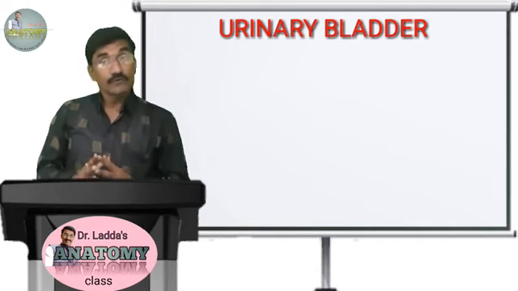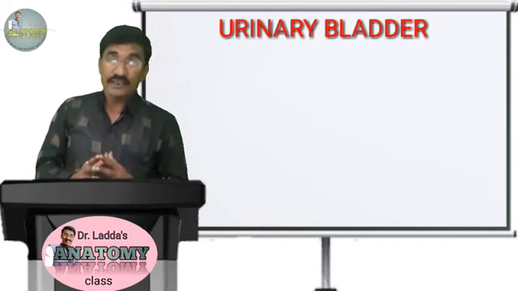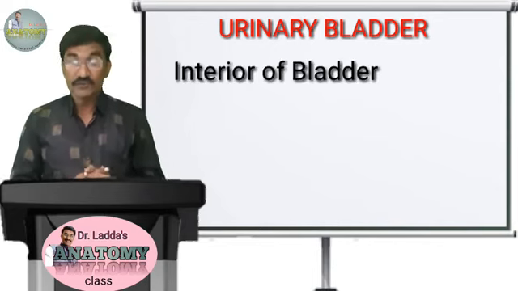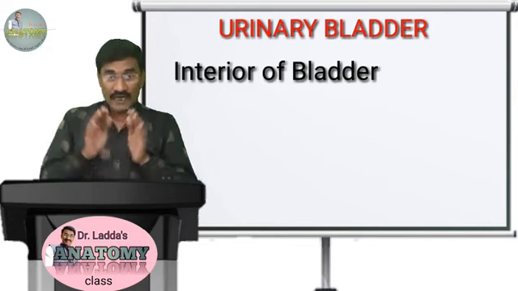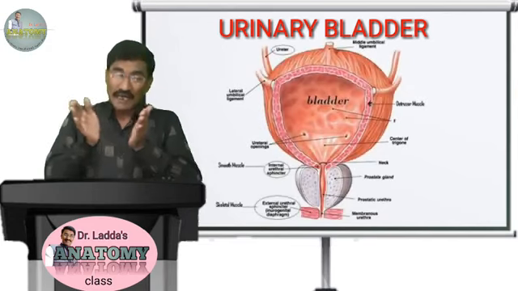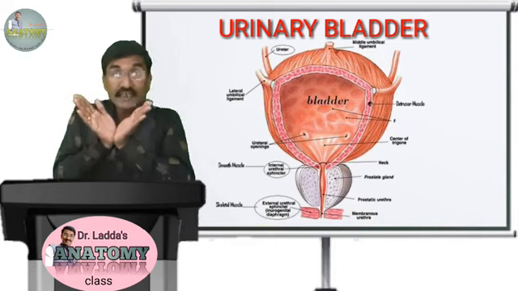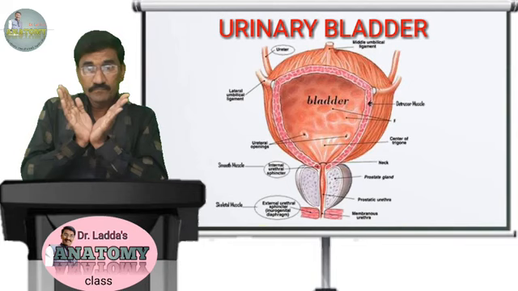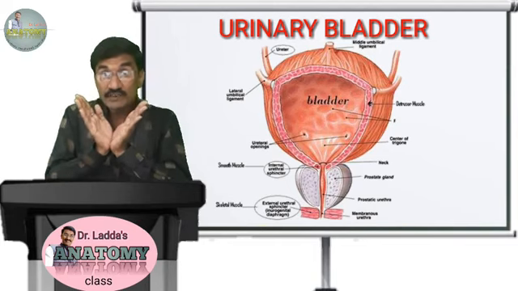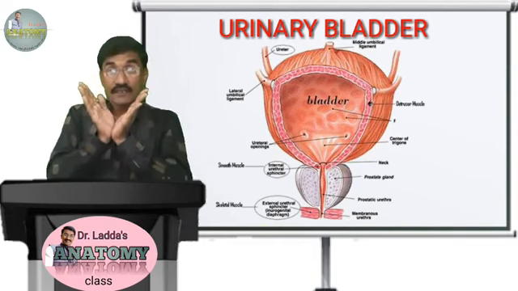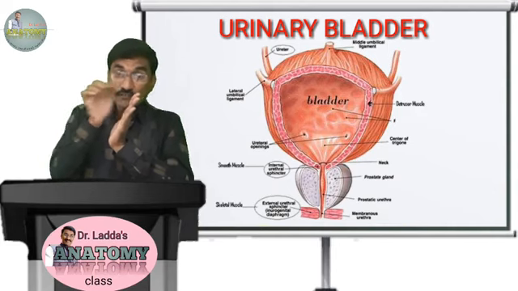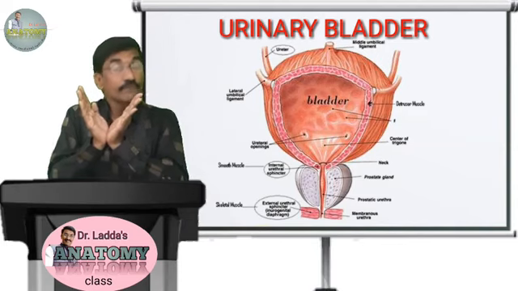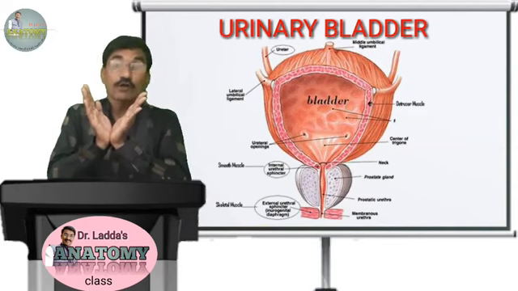Now your next heading is interior of bladder, and we know the bladder has irregular folds. Among these folds there is a triangular area with smooth muscle fibers, between the openings of the 2 ureters and the lower end at the internal urethral orifice.